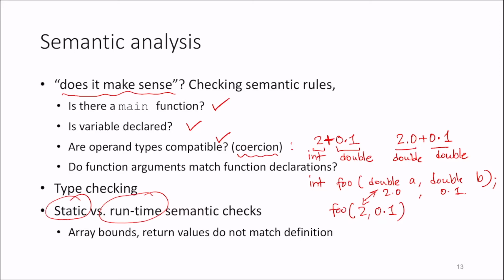It's a dynamic property. When you're running the program, you might access an array. So a runtime semantic check would insert the code necessary into the executable that would do these kinds of semantic checks. So C famously doesn't do that for arrays. More modern programming languages do.